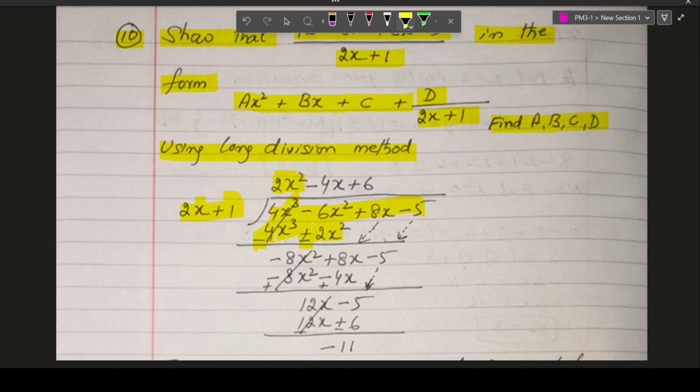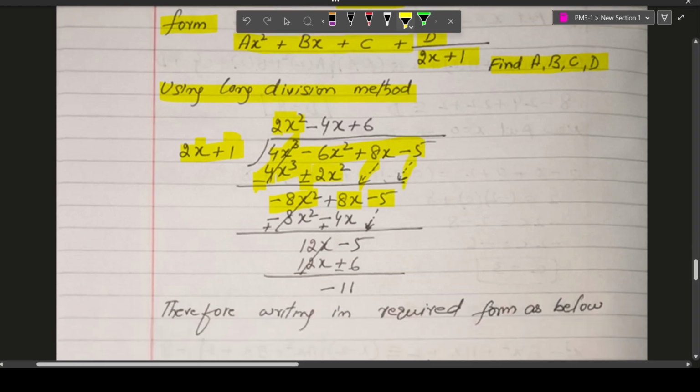This will be cancelled out. 4x cube and minus 4x cube will be cancelled out, and minus 6x square and minus 2x square will be added because both have same signs minus. So it will be minus 8x square. We'll bring 8x down over here, plus 8x, and minus 5 also down, minus 5.